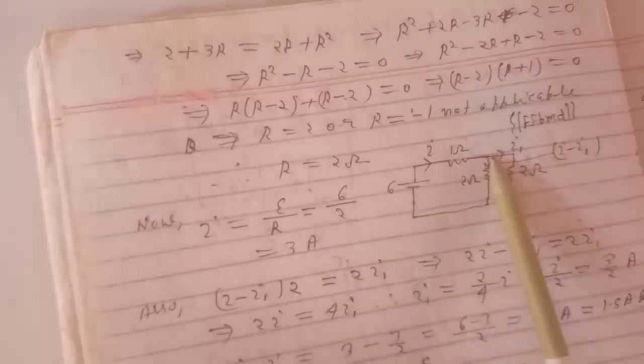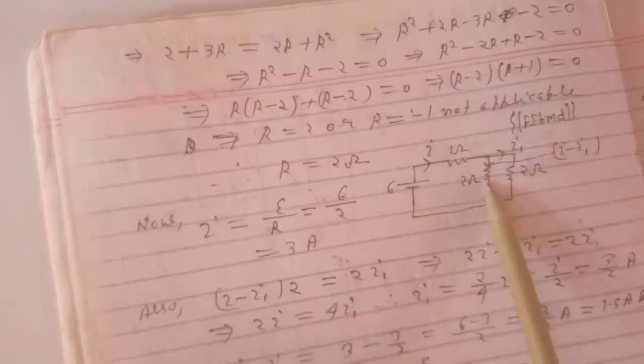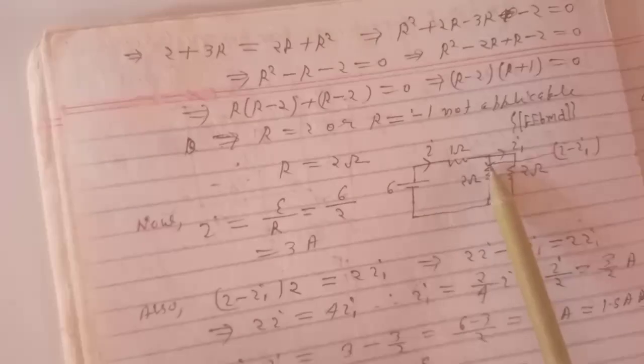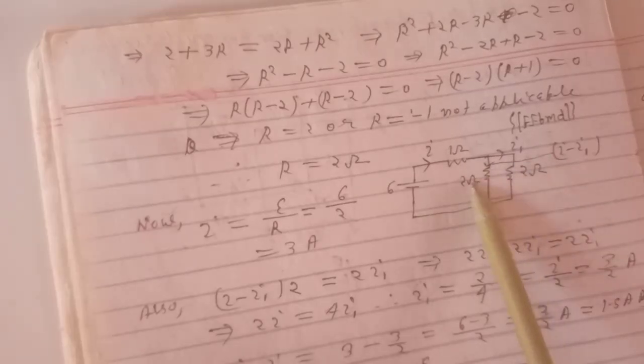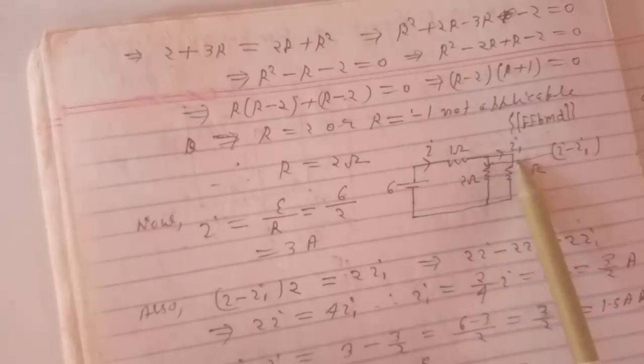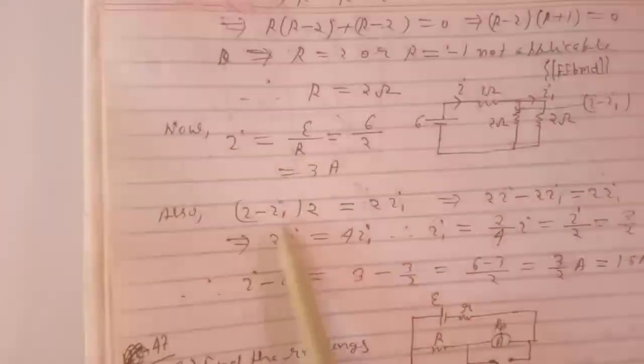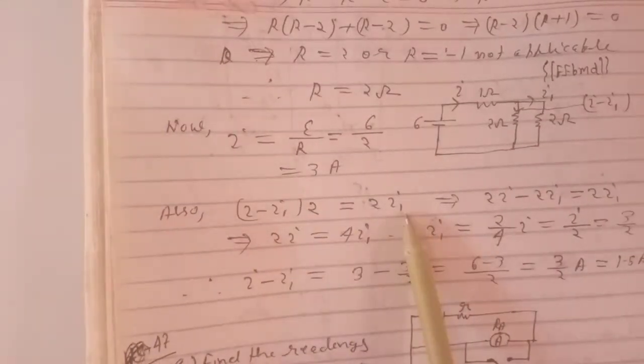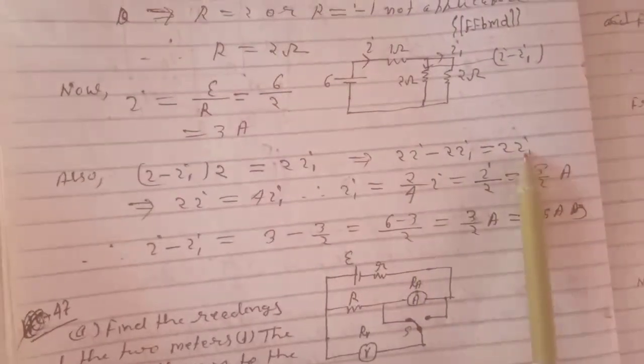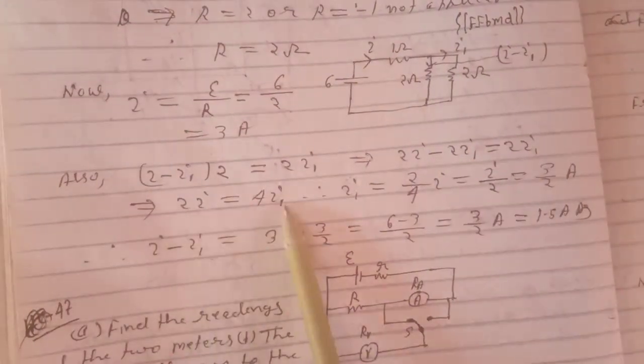Now between these two points, the potential difference will be equal. So current in this branch multiplied by its resistance equals current in the other branch multiplied by its resistance. So we can write (I minus I1) into 2 equals 2 into I1. This implies 2I minus 2I1 equals 2I1, or 2I equals 4I1.